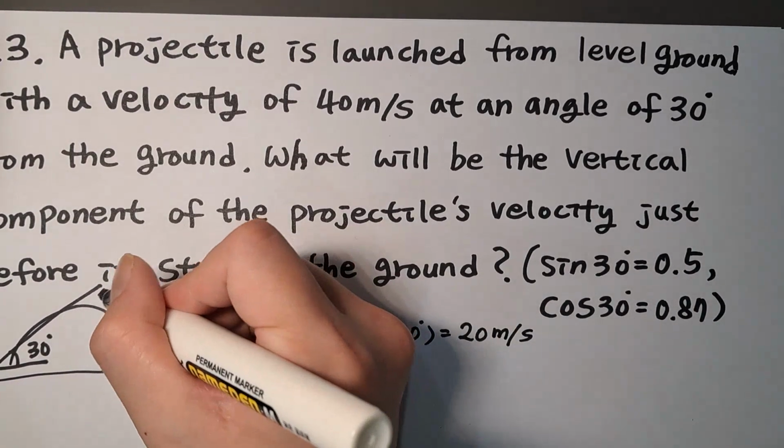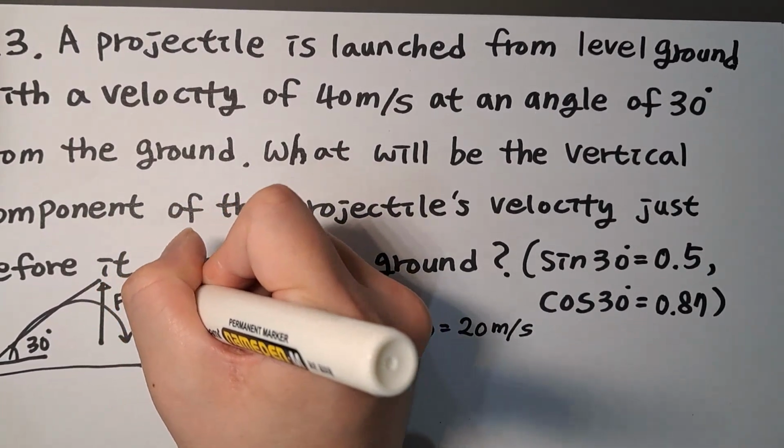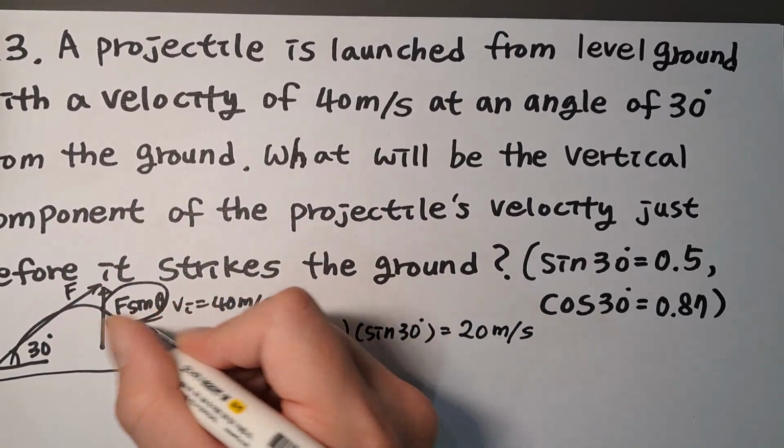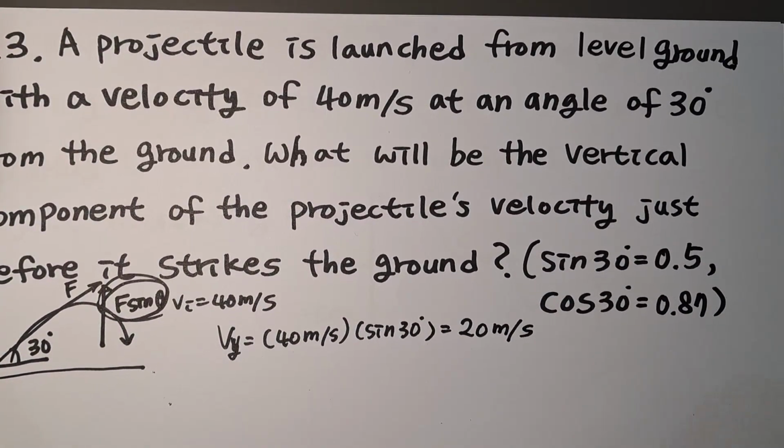Because this component is going to be this, this is the x-axis and this is the y-axis. So we can find the velocity is going to be 20 meters per second.